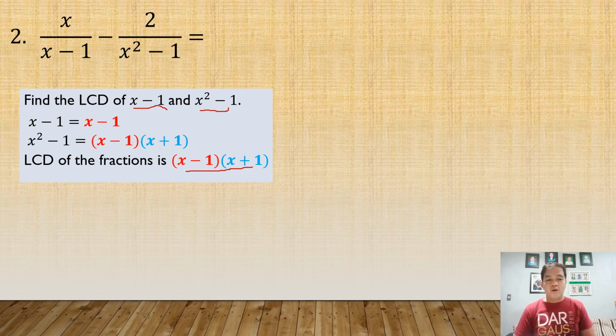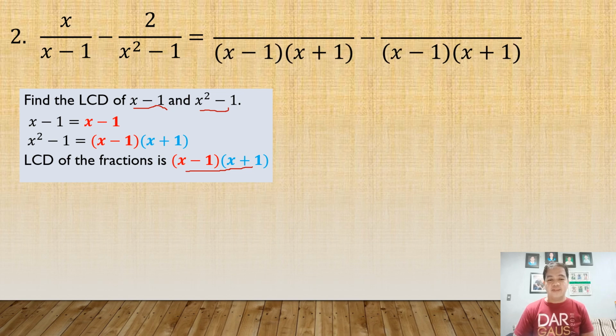Okay, so makakakuha na tayo ngayon ng equivalent fractions. So, lagay natin yung LCD. Ayun. Itong LCD na una para doon sa first fraction. Ito naman ay para sa denominator na pangalawa, para doon sa second fraction. Okay, so this one, x minus 1 times the quantity x plus 1 divided by x minus 1. Madali lang to. Yung parehas lang makakancel.